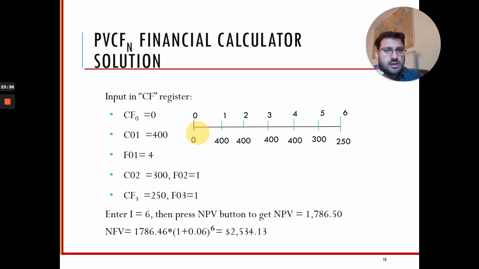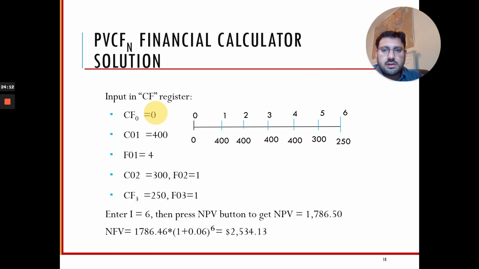And if that account is giving you a guarantee of an interest rate of 6%, so the account is giving you a guaranteed 6% interest rate, you will wonder what should be the present value of all these future cash flows which I should deposit today in the bank, so that I'll be able to withdraw this 400, 400, 400, 400 at the end of the first, second, third, and fourth period respectively, then 300 at the end of the fifth time period, and 250 at the end of the sixth time period. Over here I'm taking the period on a yearly basis, right?